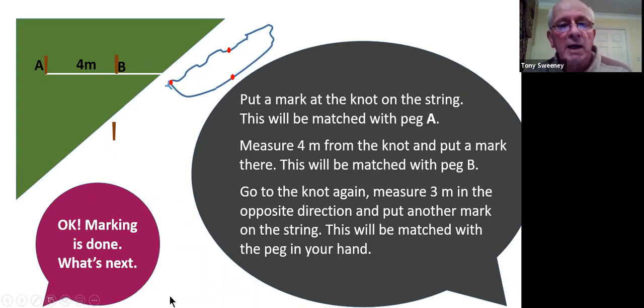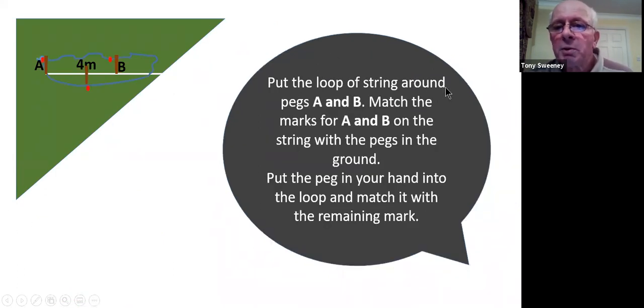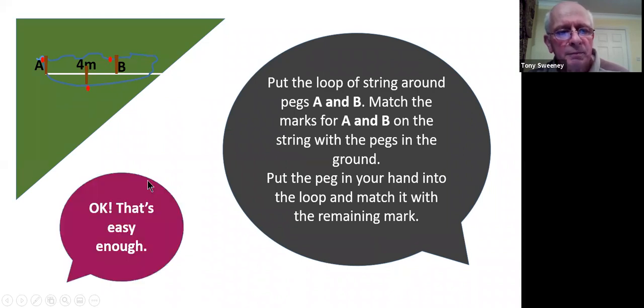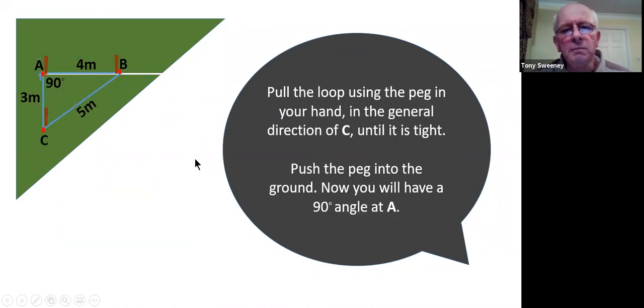Okay, marking is done. What's next? Put the loop of string around pegs A and B, like there. Match the marks for A and B on the string with the pegs in the ground. Put the peg in your hand into the loop and match it with the remaining mark. Pull the loop using the peg in your hand in the general direction of C until it is tight, right?